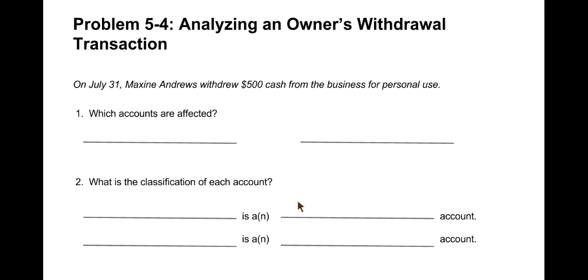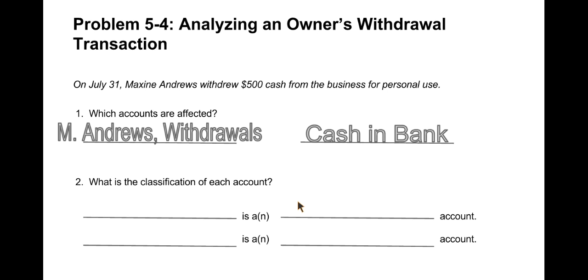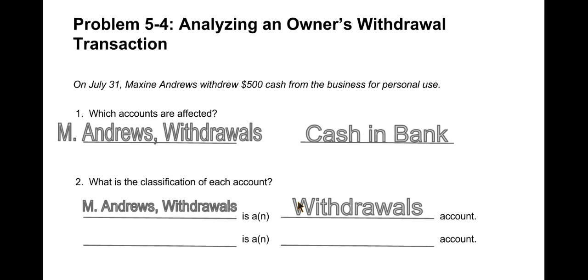This is for an owner's withdrawal transaction. Anytime you see the owner's name withdrew cash from the business for personal use, whether they wrote themselves a check, took cash out, whatever, we know that it's going to be withdrawals, and we know that it's going to be cash and bank. Now, classification, again, withdrawals is a withdrawals account, owner's equity.